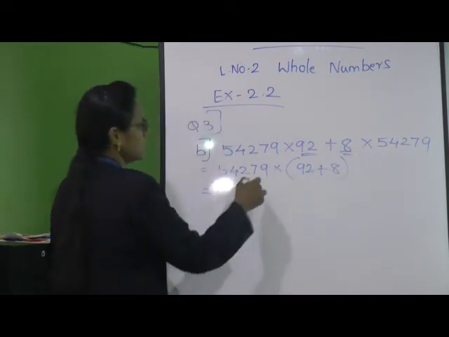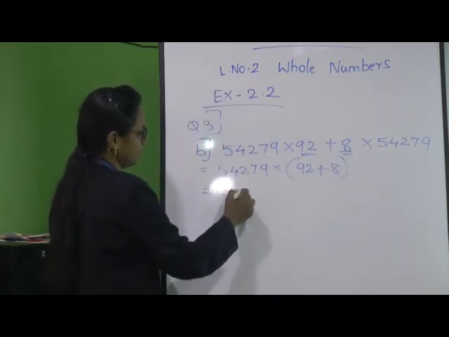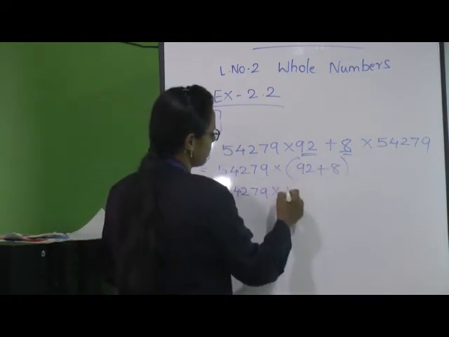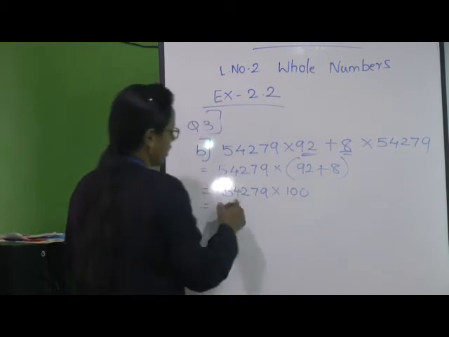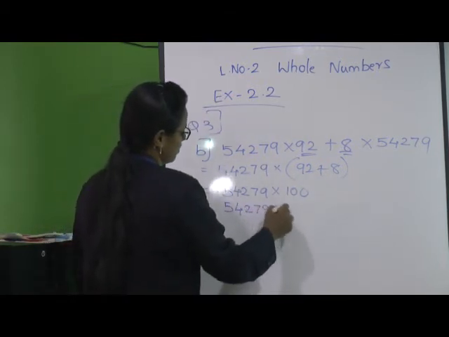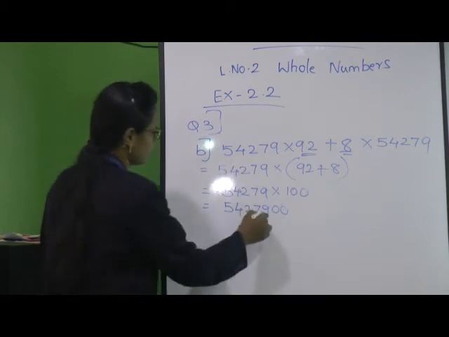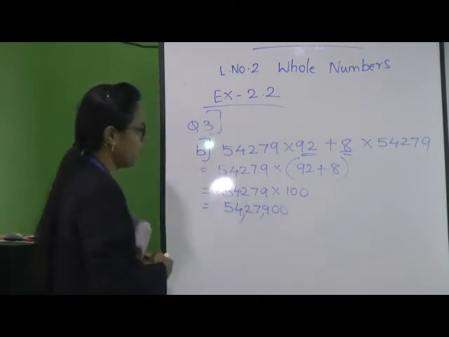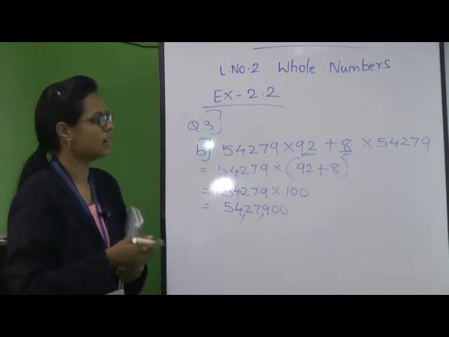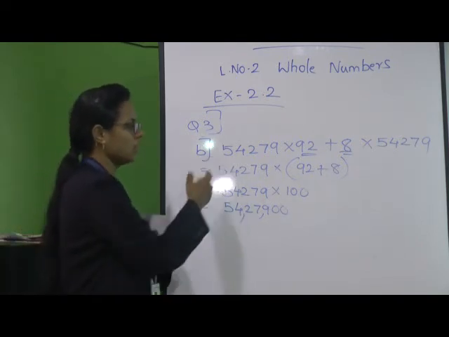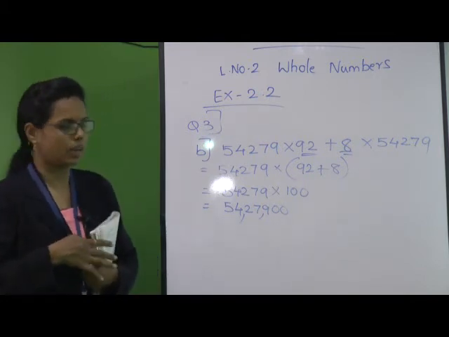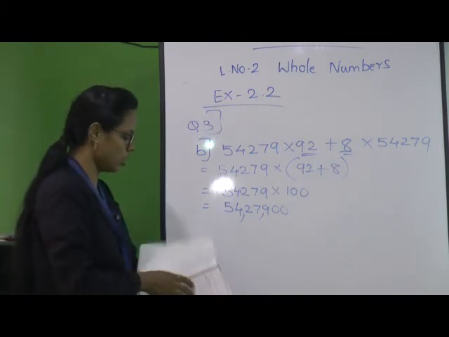Okay students. Now we will solve it. 54279 multiplied by 92 plus 8 is 100. Okay. When we multiply this, we get, okay. So we got the answer 54,27,900 when we took the same number and then found the value of the following. Okay. Next example we will solve.